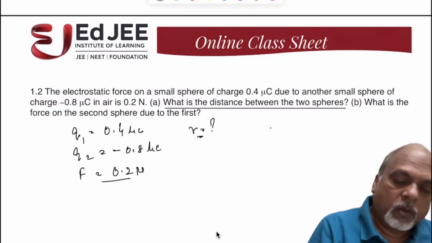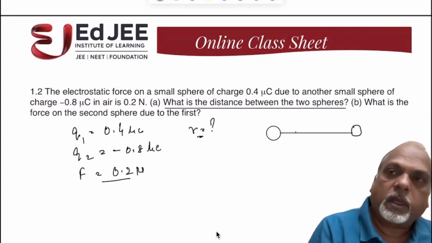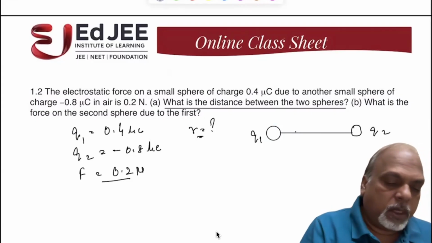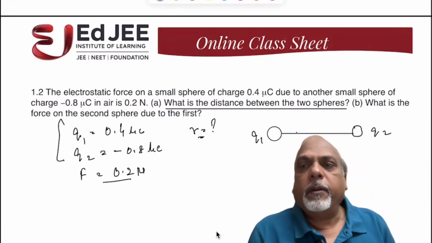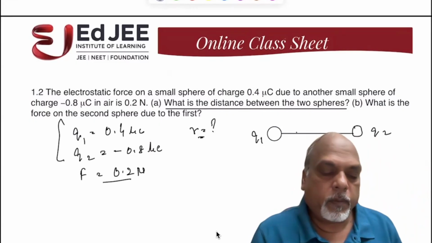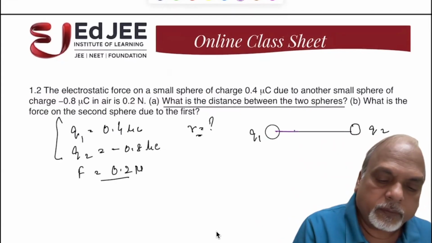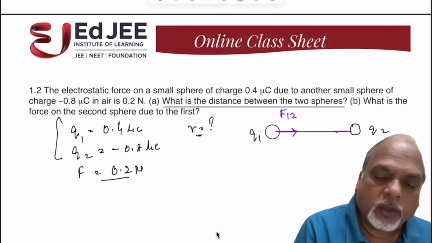Now let us see, one small sphere is there. Another small sphere is there. Here charges are Q1, Q2. Here you can see opposite charges are there. So our force will be basically attractive. This is force on one due to two, and this is force on two due to one.